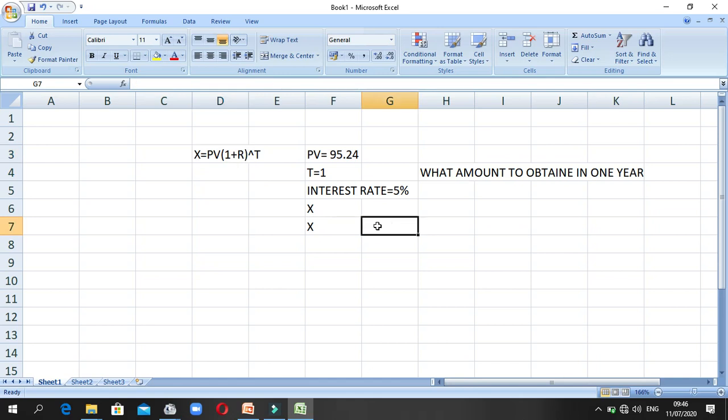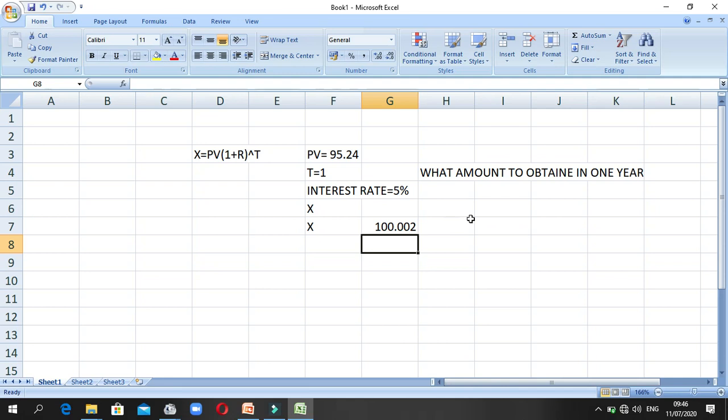So in 1 year, X is equal to the present value 95.24 multiplied by 1 plus an interest rate of 0.05, which you put in brackets to make it clear, and you raise it to the power 1 because it is in 1 year. So you get 100.